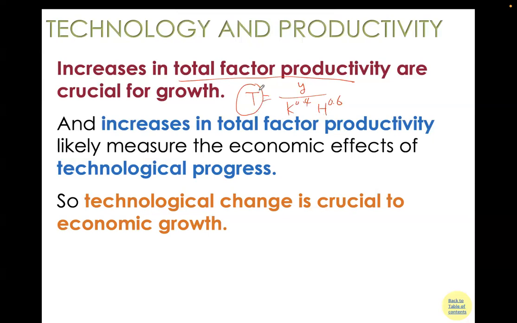And certainly you should also interpret it as efficiency, like how efficient we are in terms of production if we have a fixed amount of physical capital and human capital. Right? An increase in this T is going to measure the economic effect of technological progress. Hence, based on this discussion, the increase in T is crucial to our economic growth.